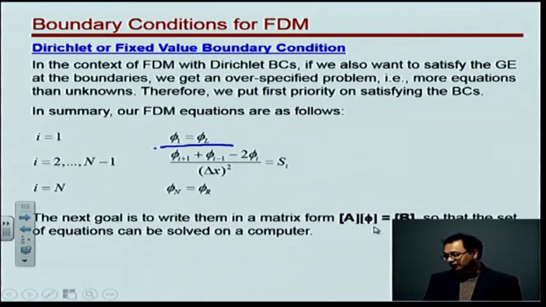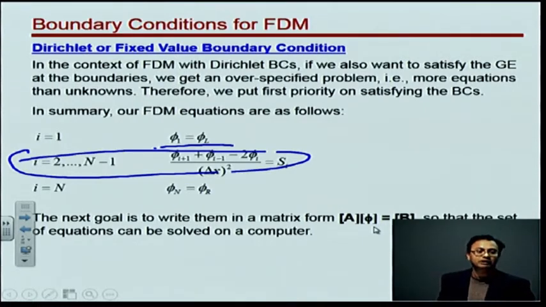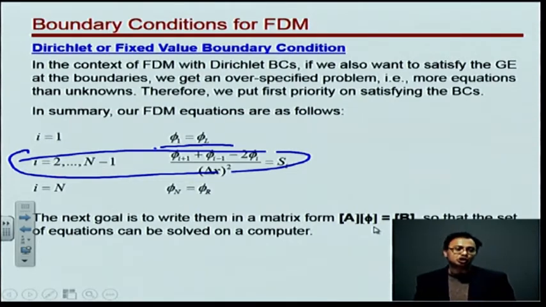All right. Now, sometimes students ask me, why do you want to include the boundaries in your system of equations? They are knowns. Why don't you just solve for n minus 2 unknowns? Valid question. You can do that. It's not really a problem, it's a bookkeeping issue.